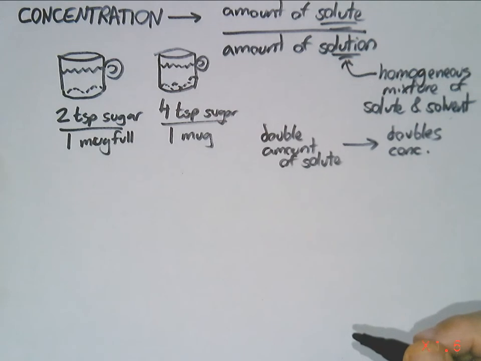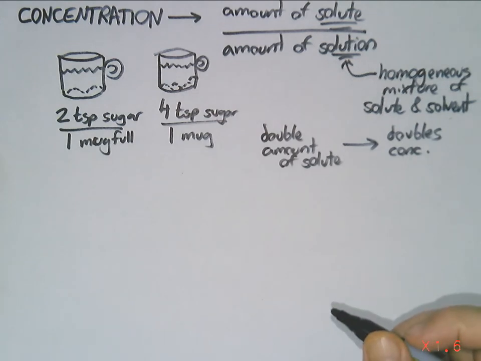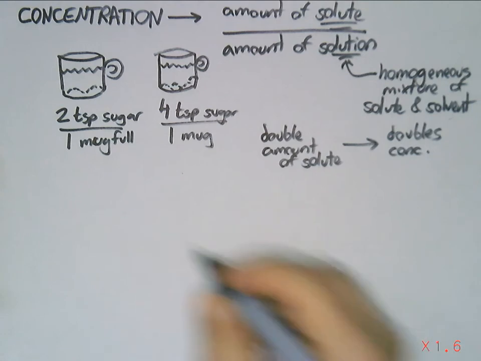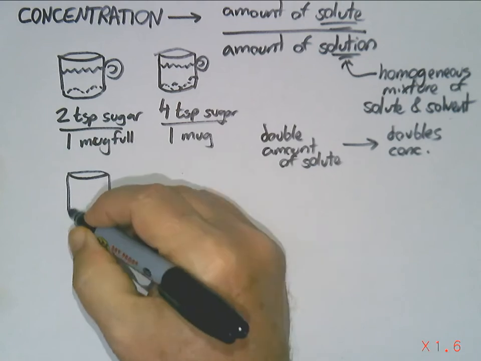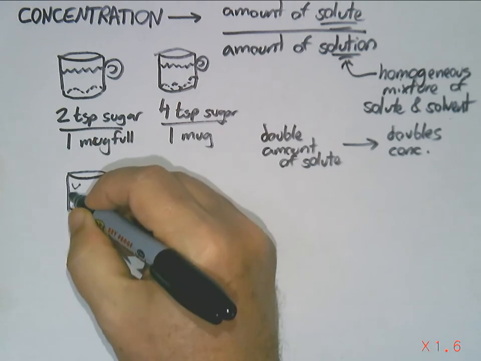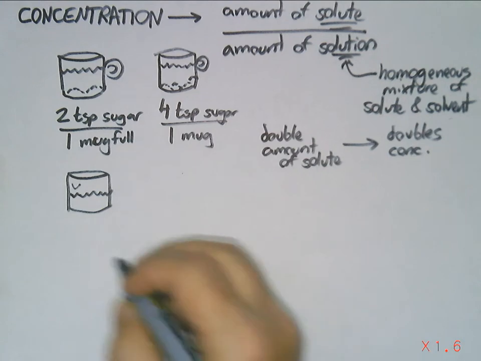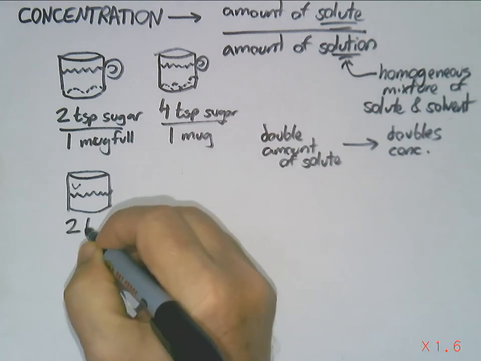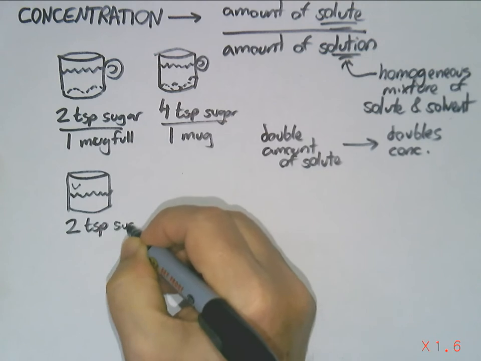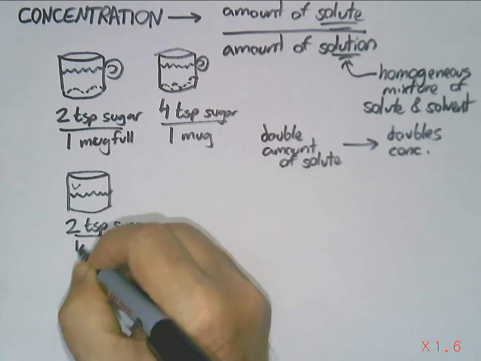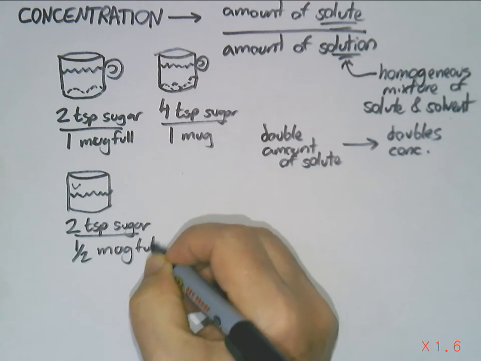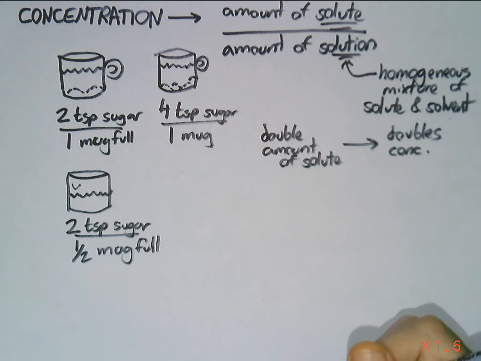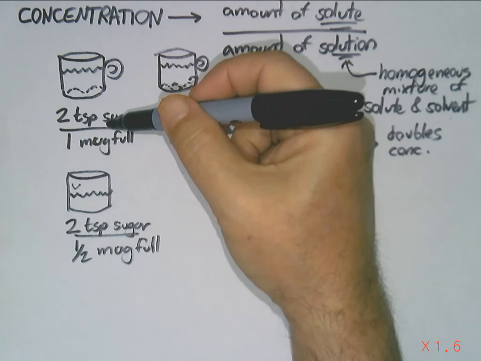Now, another effect is what happens when you change the volume. So suppose I get another mug, and instead of putting a whole mug full, I have half a mug full. And I put 2 teaspoons of sugar into half a mug of coffee. What's the concentration going to be? Now, compare it to this.